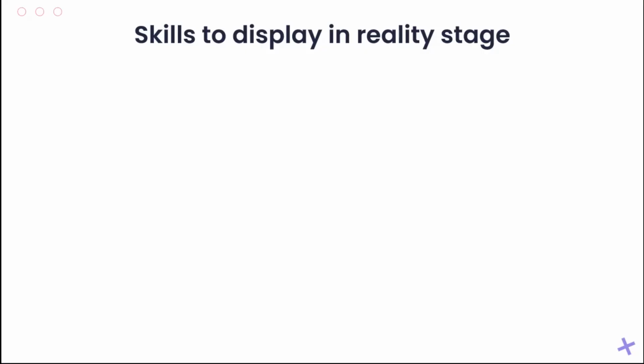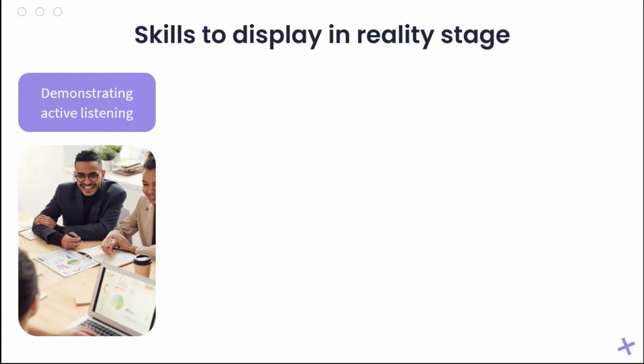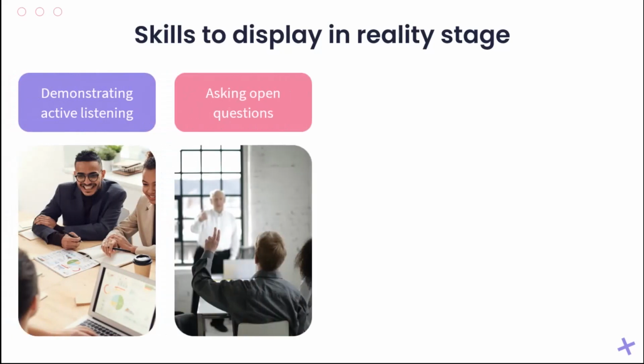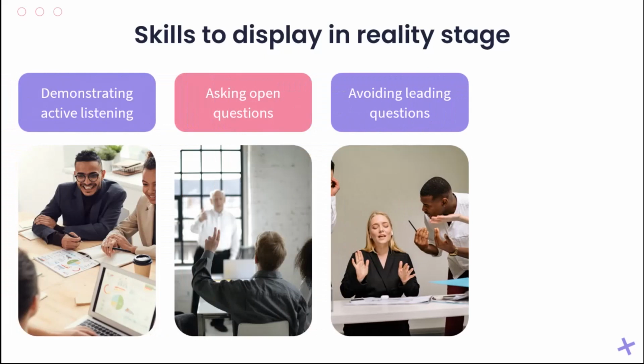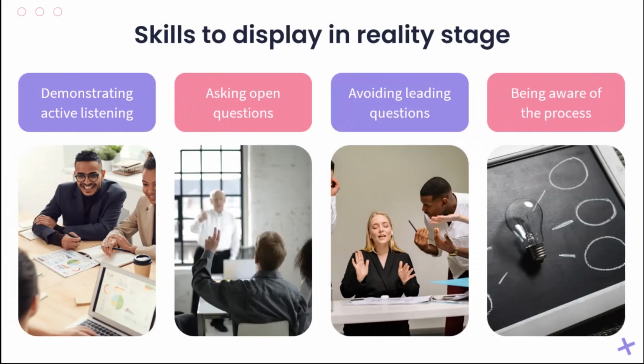Effective and experienced coaches may seem to be just listening during the reality stage, but they are actually doing much more in the background. Let's look at what that is. They are demonstrating active listening. They are asking open questions. They are avoiding leading questions. And they are being aware of the process.